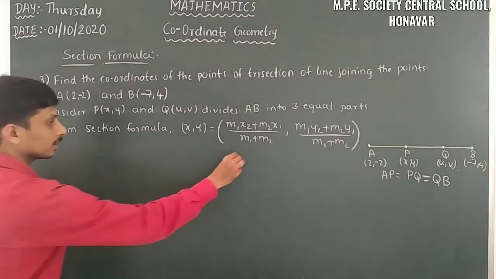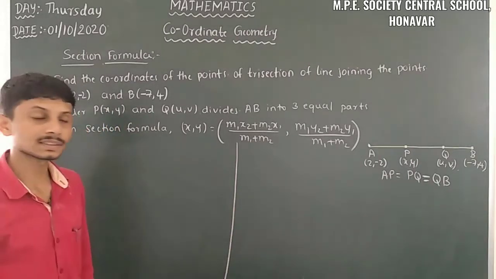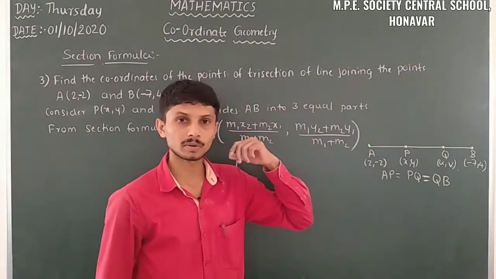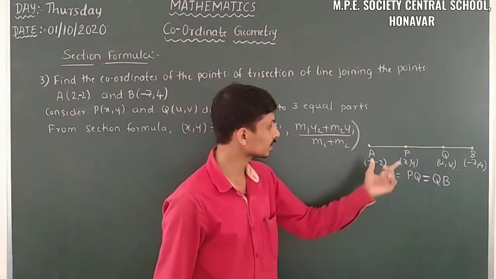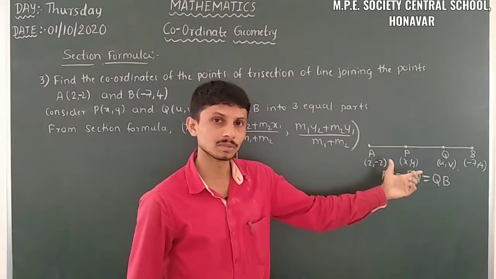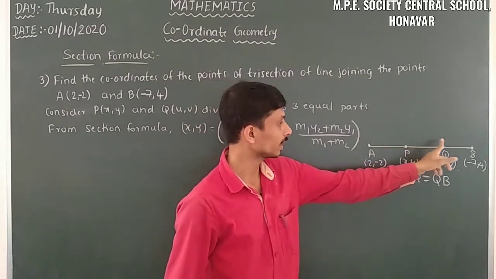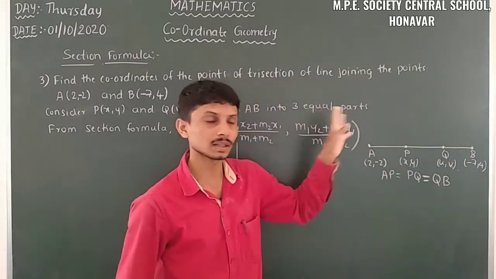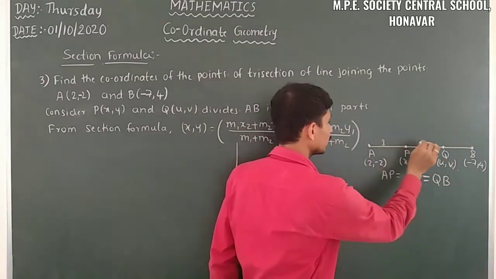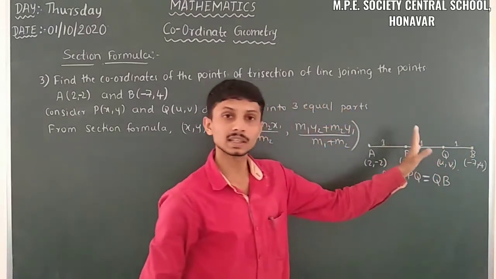So I will partition this blackboard here. Firstly I will consider P(x, y). Just observe, these three distances are one and the same. I take this as 1, this as 1 and this as 1, so that means there are three equal parts.